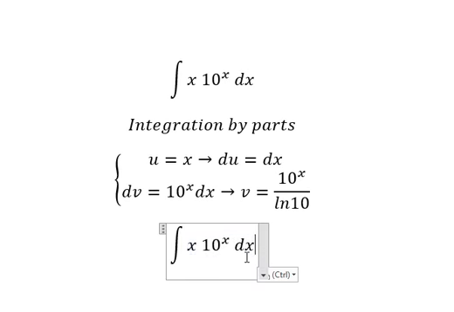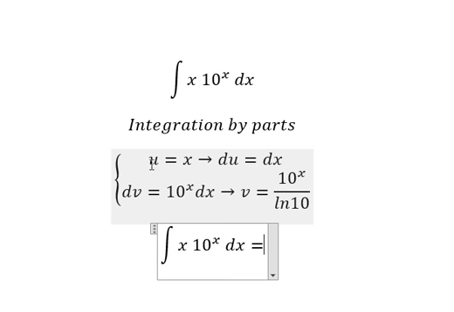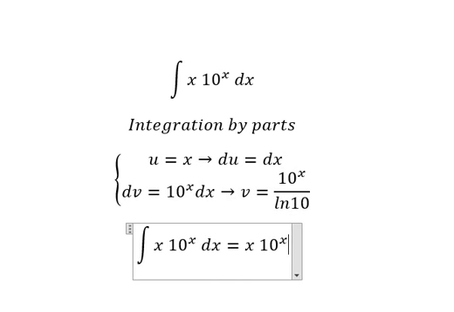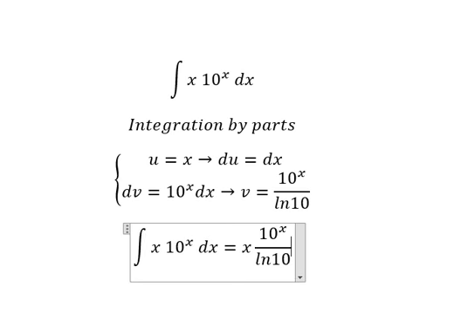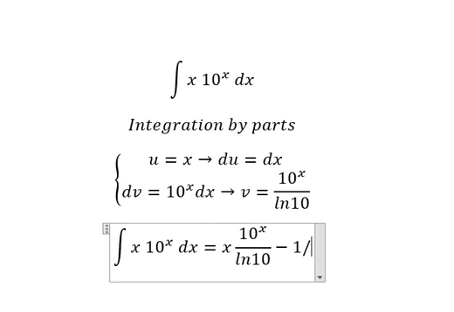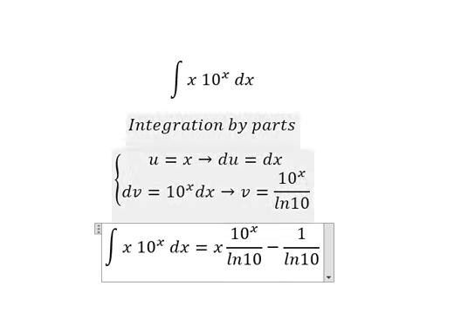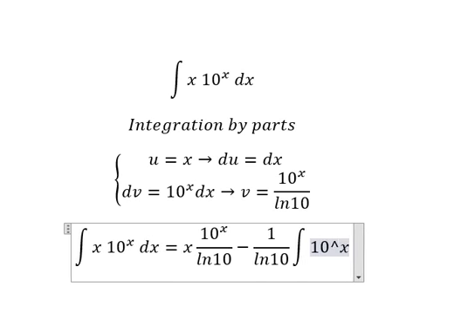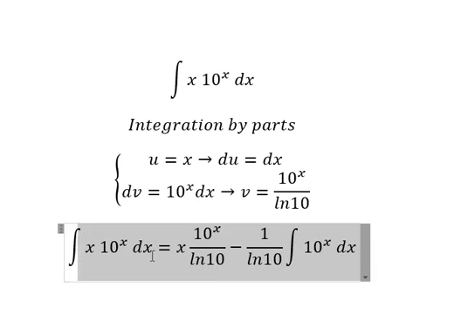So we have u multiplied by v, minus we have the integral of v du, so I will put 1 over ln 10 outside, and we have the integration of 10 to the power of s ds.